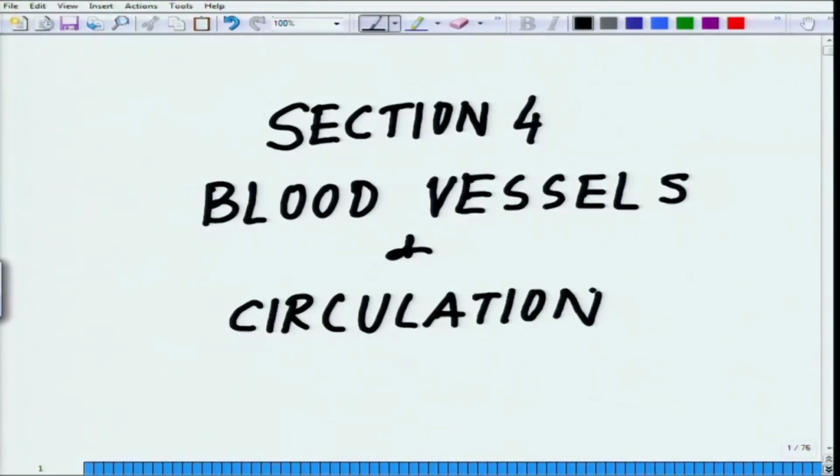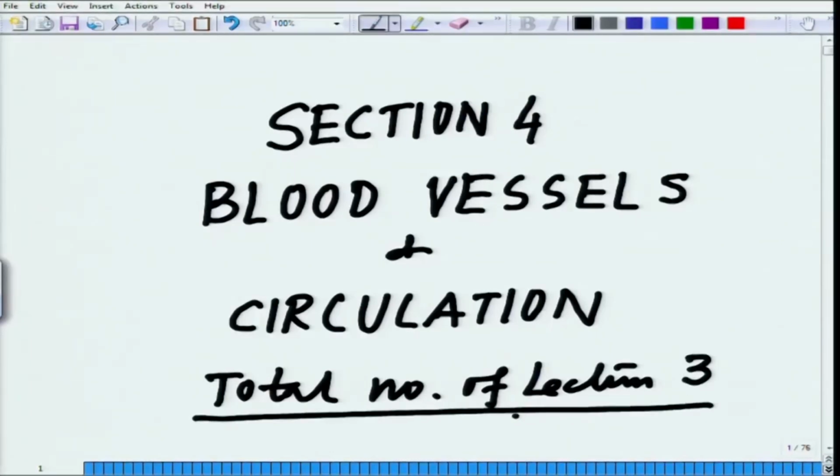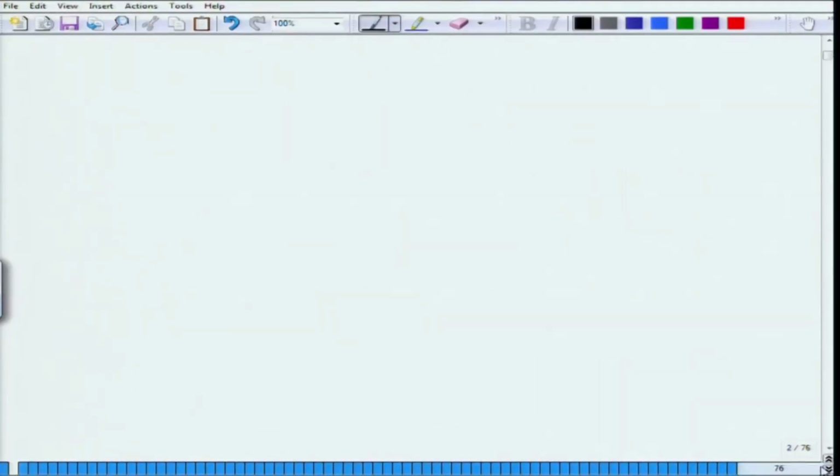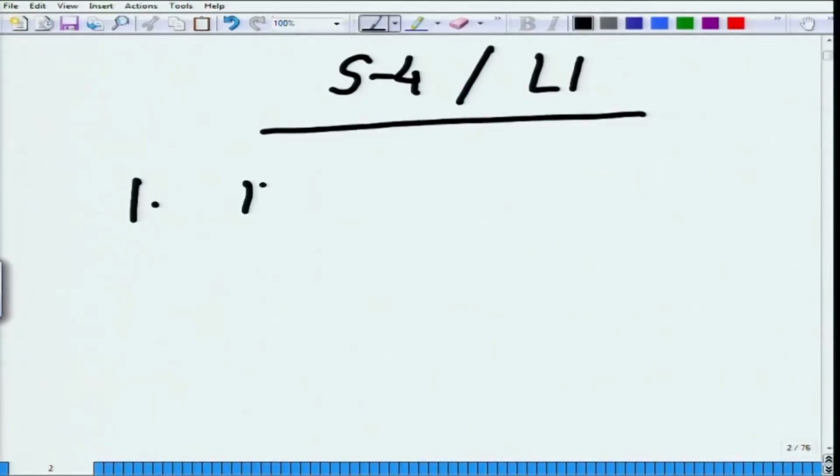And under this, the total number of lectures will be 3 in this section, and we are in lecture 1 of this section. So in section 4, lecture 1, what we are going to cover is the basic introduction of the circulatory system.